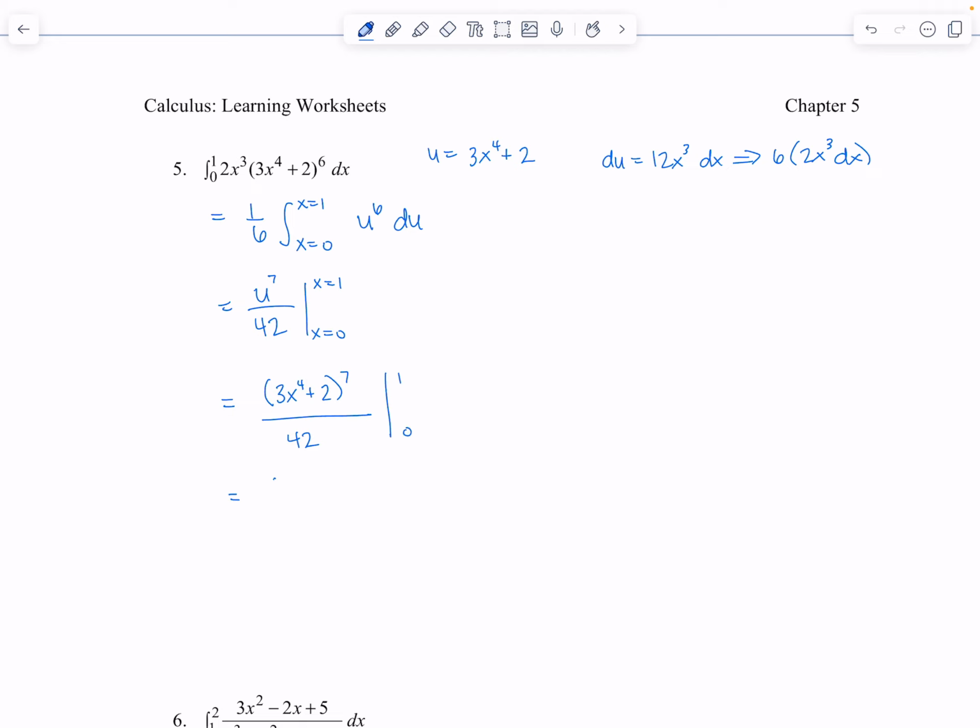So we've got 3 times 1 to the 4th plus 2 all to the 7 over 42 minus 3 times 0 to the 4th plus 2 all raised to the 7 over 42. And that will give us about 1,857.07.